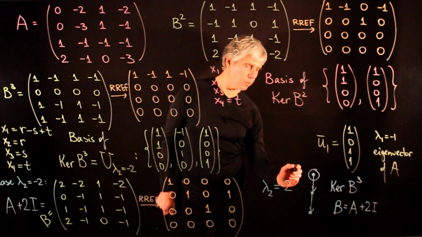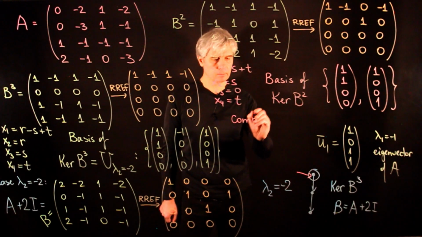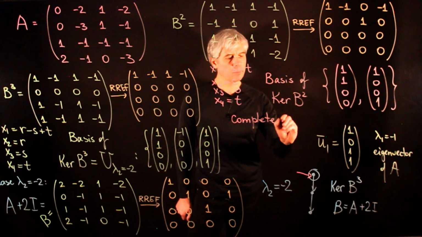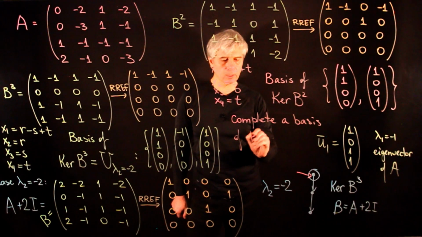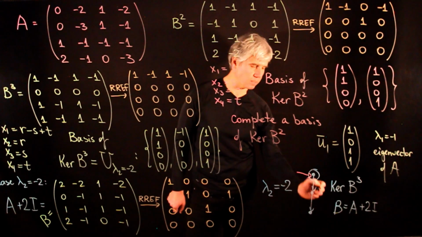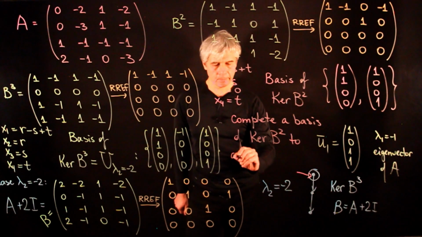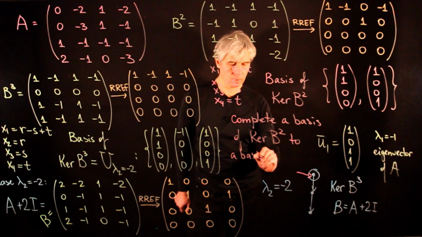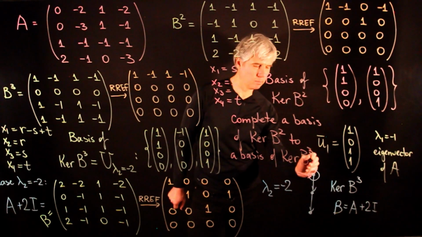To get the vector on the top of this strand, we need to complete a basis of the kernel of B squared, which is this subspace that consists of the bottom two layers, to a basis of the kernel of B cubed.